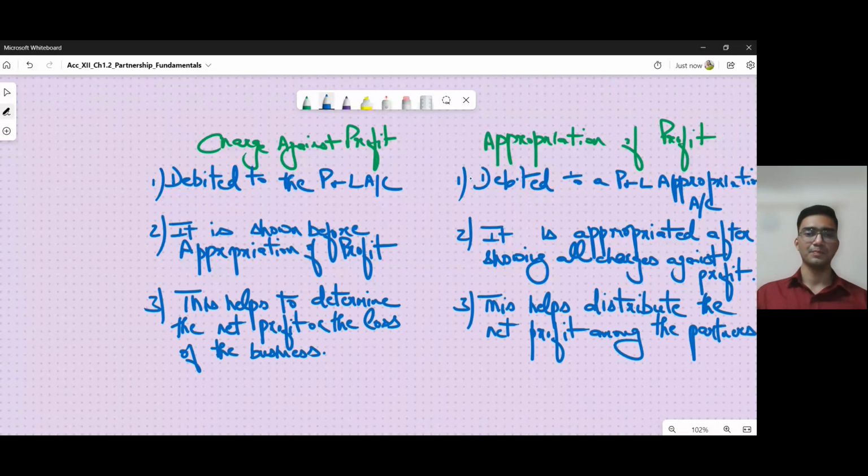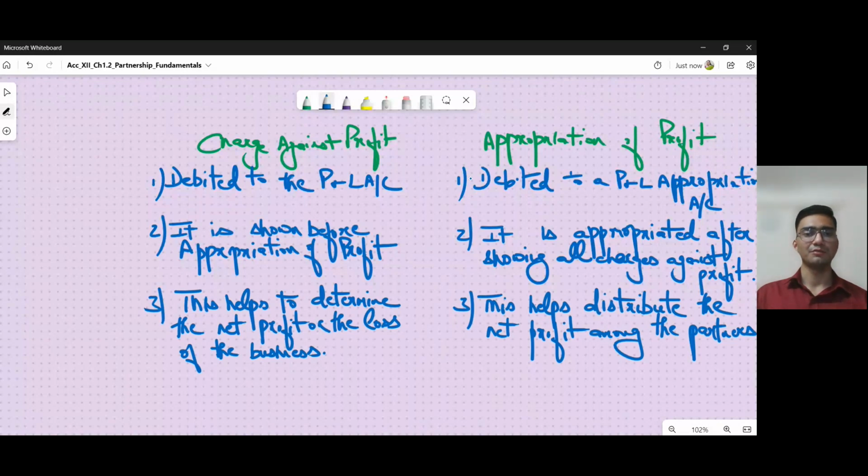Okay, so you see the difference. A charge against profit is always shown on the debit side in a P&L account. Appropriation of profit is shown in the P&L appropriation account. It is not that it is always going to be shown on the debit side. You will have something even shown on the credit side, like you have interest on drawings.